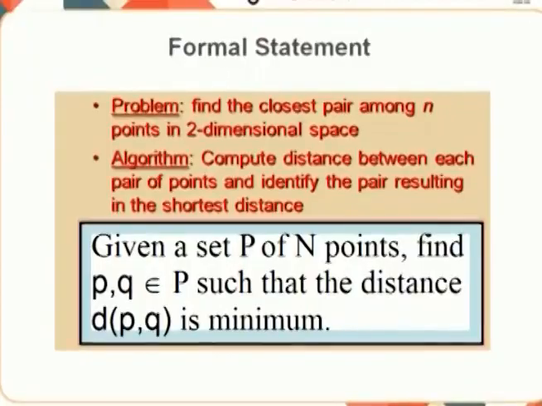So, we have to compute the distance between each pair of points, and then identify the points whose separation distance is very small. In other words, formally, given n points, we have to find points P and Q such that the distance between P and Q is minimum.